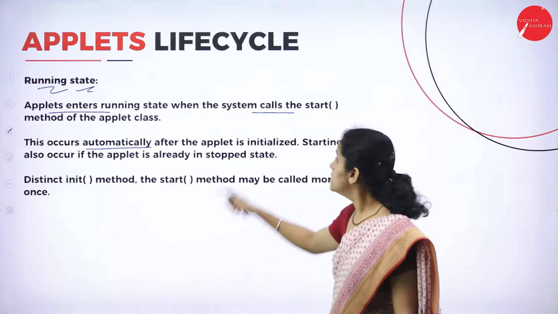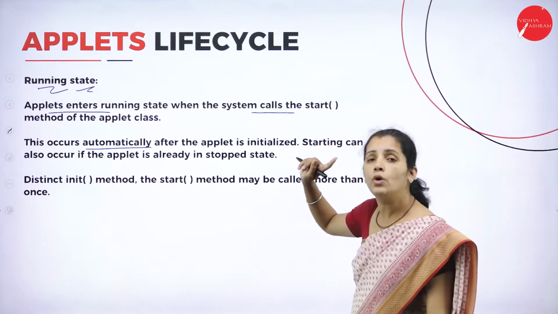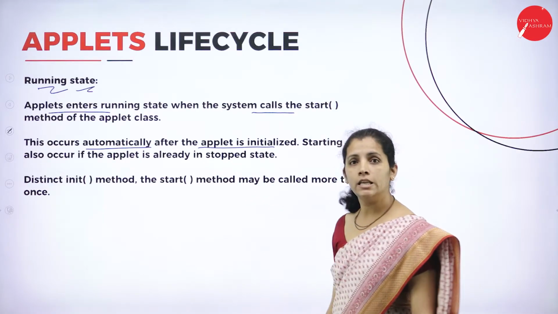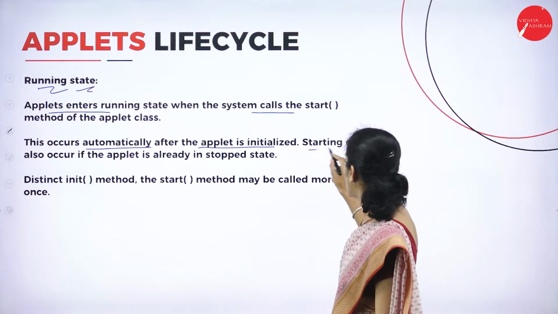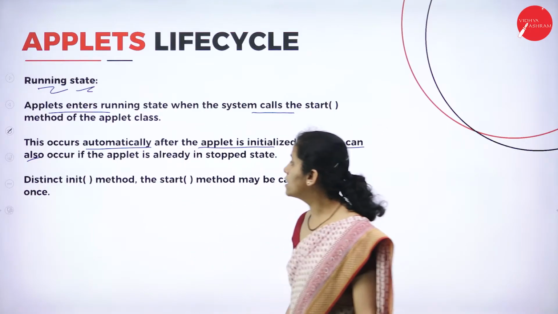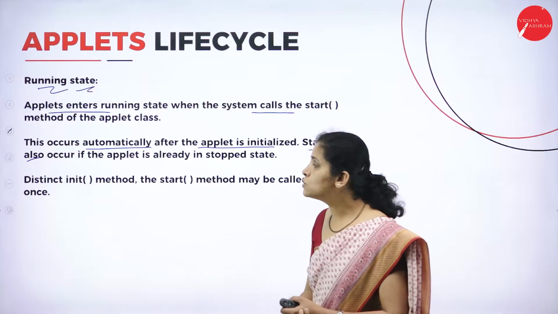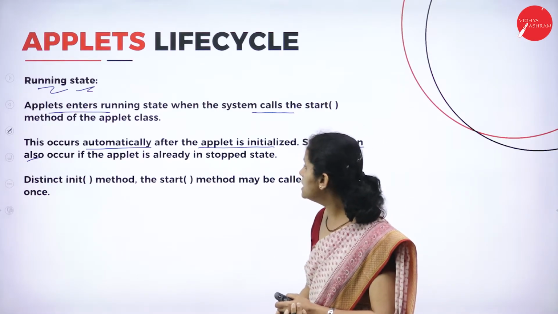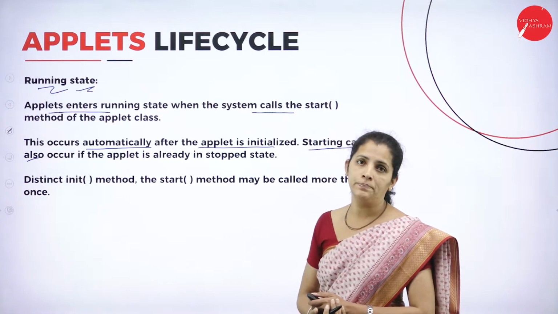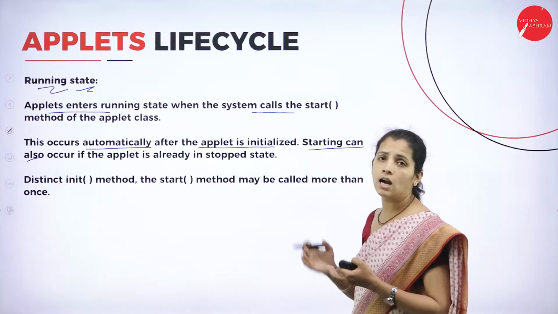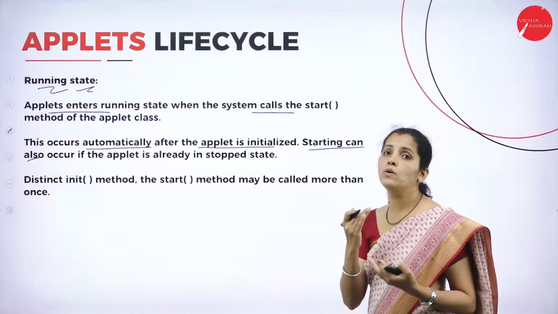That means this start method is going to be invoked automatically when the applet is initialized, and starting can also occur if the applet is already stopped. So here I can call this start method more than once.